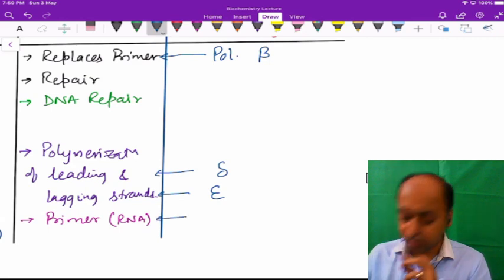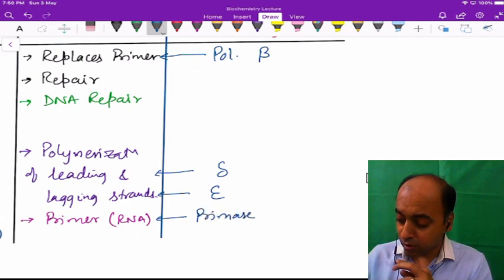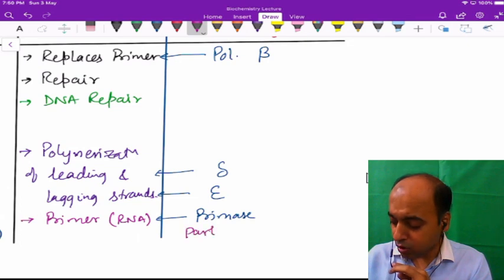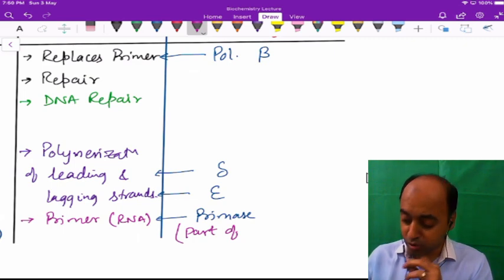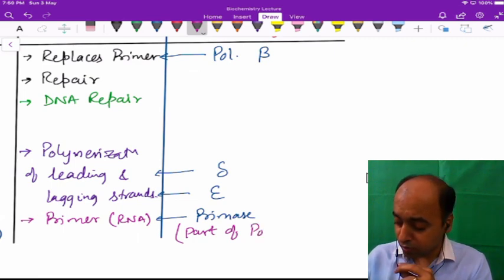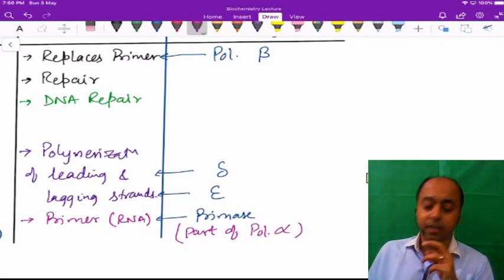The primer is synthesized by primase, which is not an independent protein, it is a subunit, part of polymerase alpha. So alpha, beta, delta, epsilon.